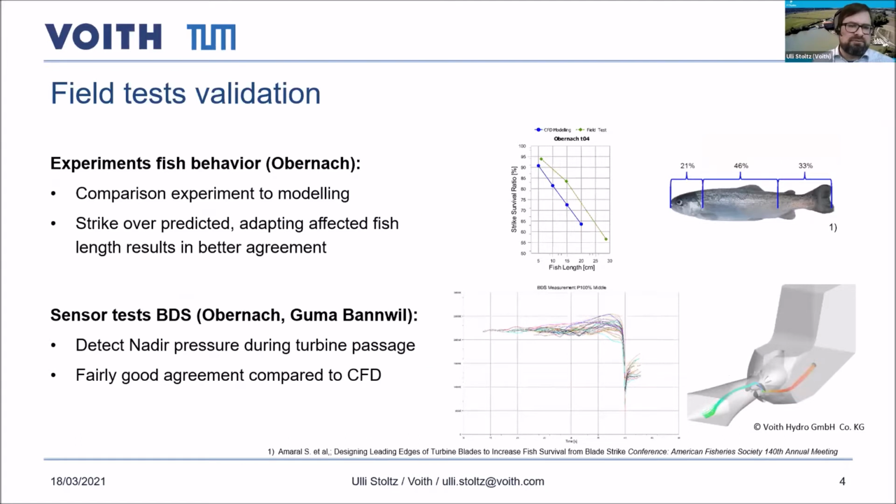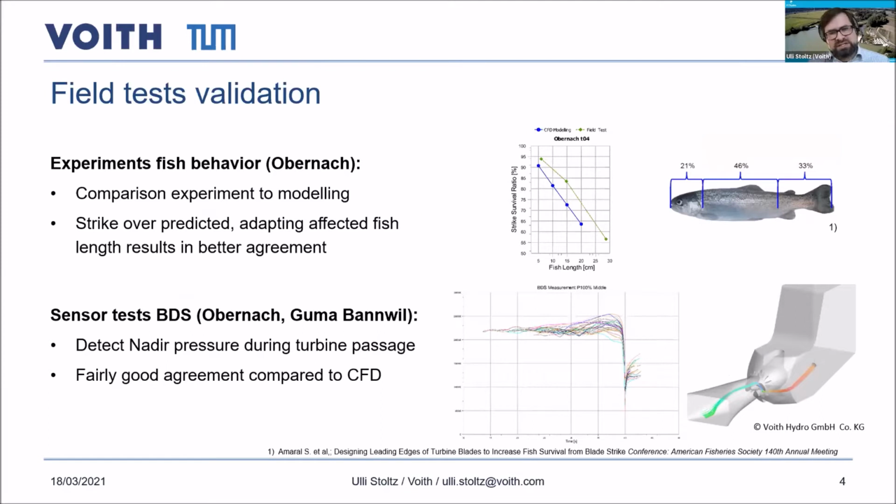So first, some findings from the field test validation. From the experiments in Obernach, we could get some fish data from a very small turbine, a shaft turbine. The major impact is strike, so we could model this strike assessment for the operating condition at which the machine was operated during the test.